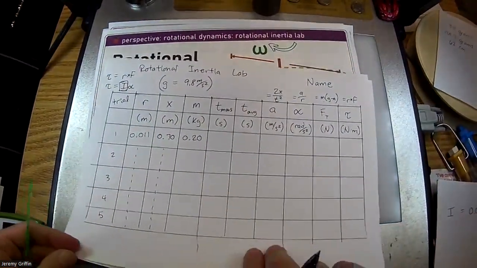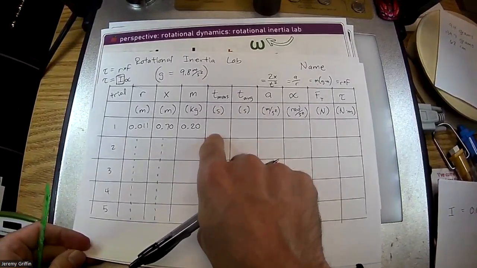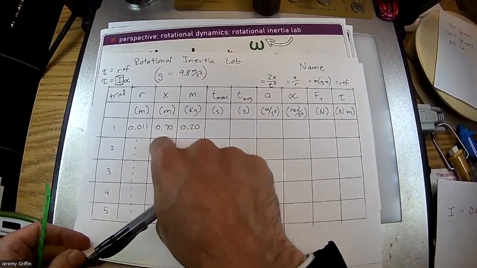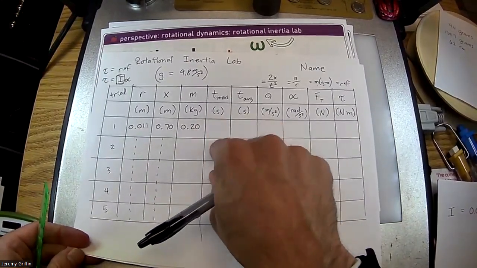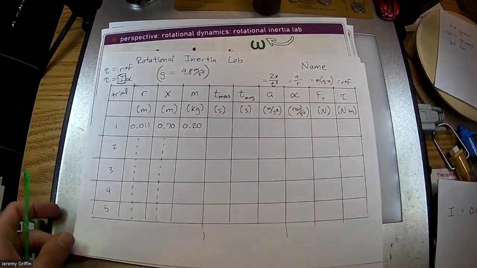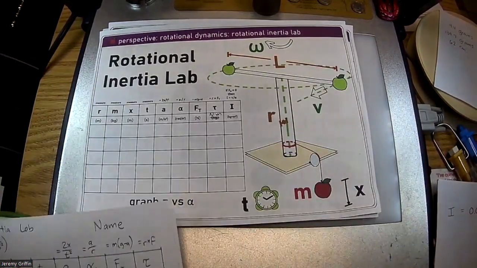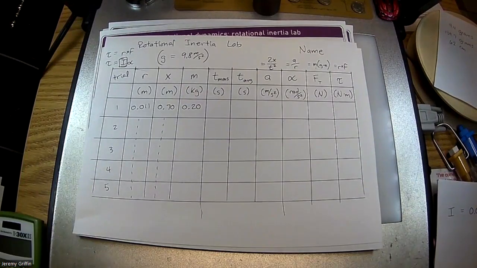So we've got to figure out how much time it takes to fall that 70 centimeter distance. We're going to get 3 values and take an average. You guys ready with some stopwatches? Who wants to volunteer stopwatch time?